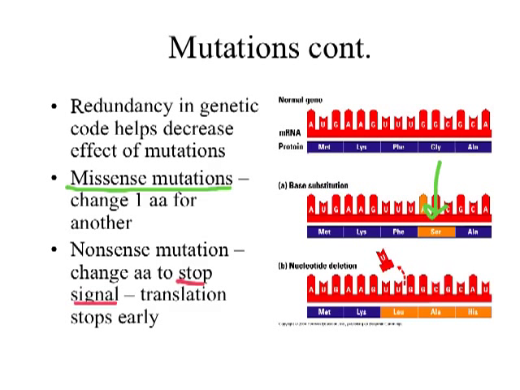In this case, the translation is going to end early, right? We're going to get a protein that gets cut off halfway. So this is what we call a nonsense mutation, because we don't get the complete protein in the end.